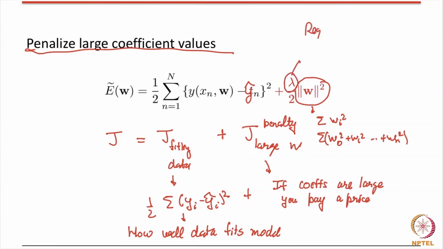This is called the regularization parameter. So the regularization parameter, lambda, you can vary this. And this is what is known as a hyperparameter, much like our learning rate alpha. All you do is you keep on changing lambda and see what happens to your prediction as you vary lambda.